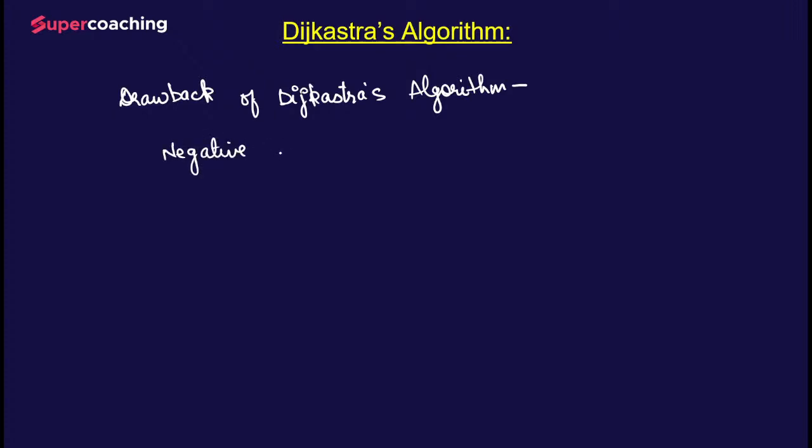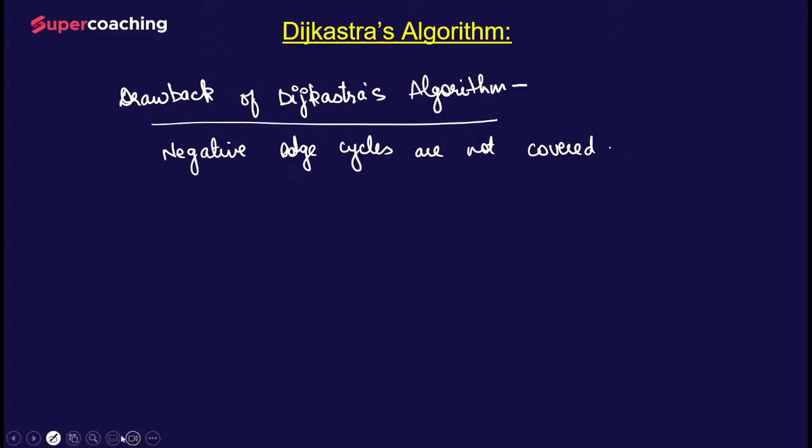So the drawback of Dijkstra's algorithm is that negative edge cycles are not covered. So this is all about Dijkstra's algorithm.